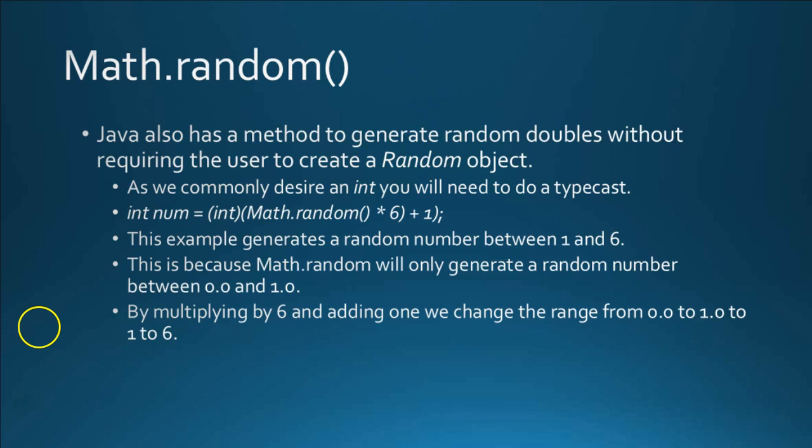And this is because Math.random will only generate a number between 0.0 and 1.0. By multiplying by 6 and adding 1, we are changing the range from 0.0 to 1.0 to 1 to 6. Multiplying by 6 increases it by a factor of 6, and then the addition will be a shift of however much we want it to be.